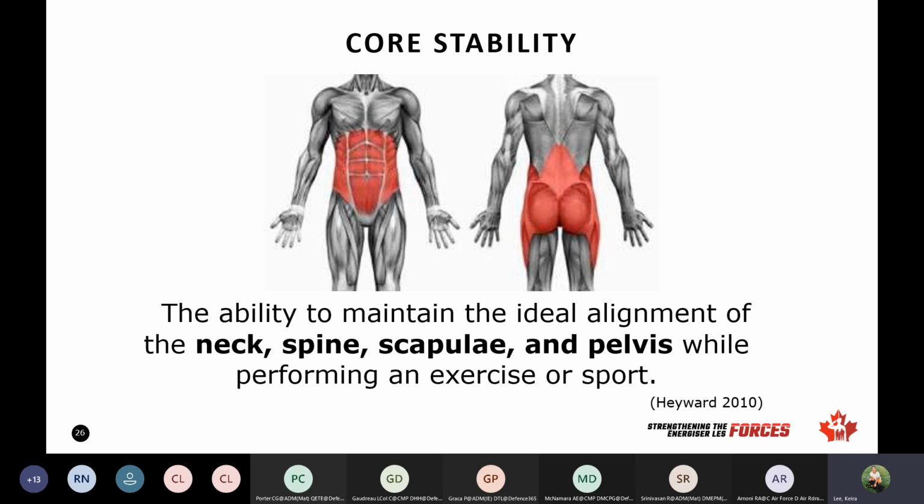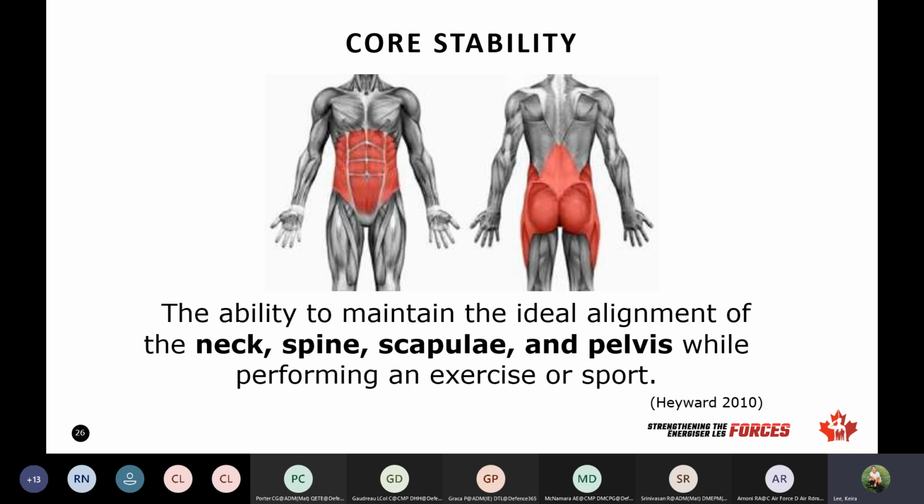So it's not just our abdominal muscles. Having core stability means having the ability to maintain ideal alignment of our neck, spine, shoulder blades, and pelvis while we're performing exercise and sport, and also while we're seated and standing. And it means maintaining the natural curve of the lumbar spine.